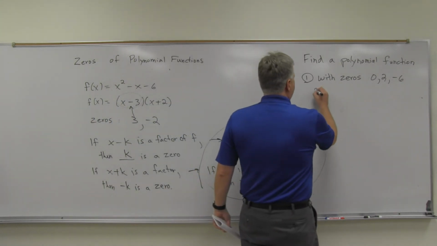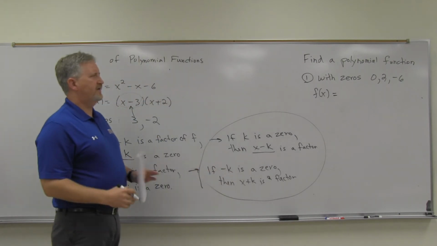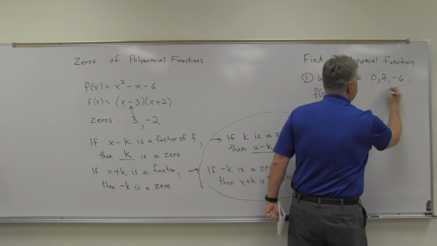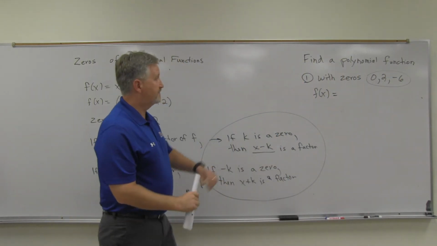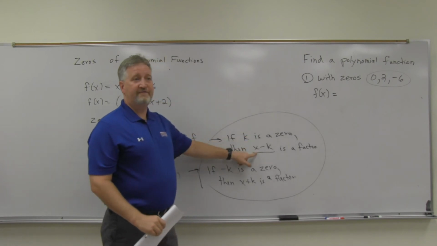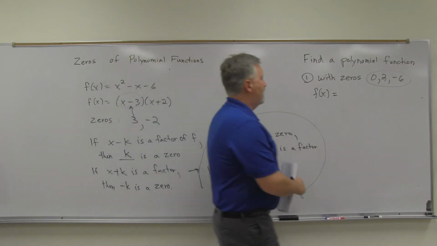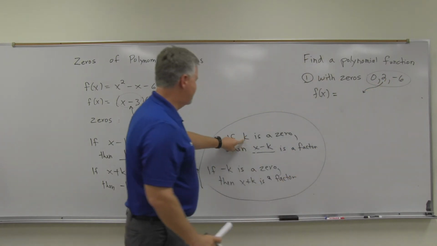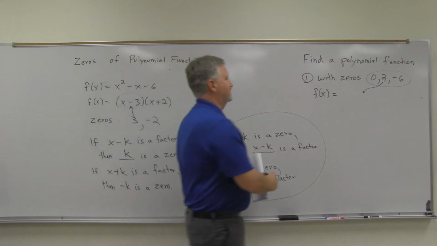All right. So, 0, 2, and negative 6. Those give me the factors, right? If those are zeros, then don't I know the factors of this polynomial function? Let's start with the 2. If 2 is a zero, then what's a factor? X minus 2.